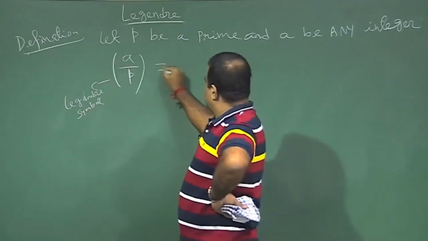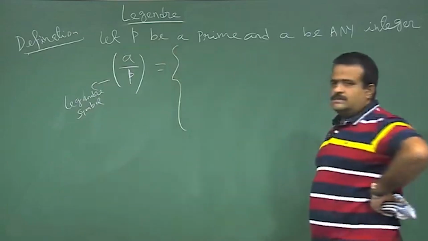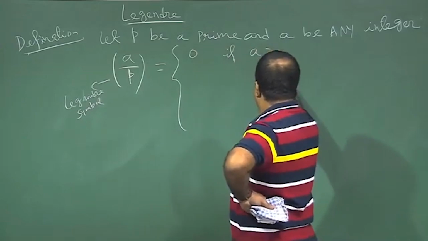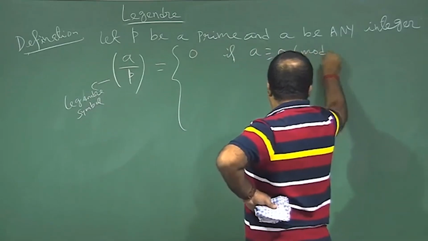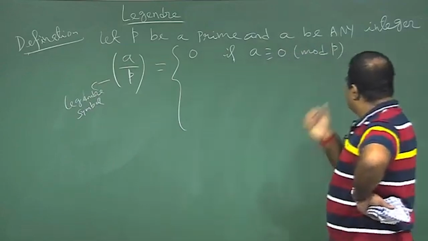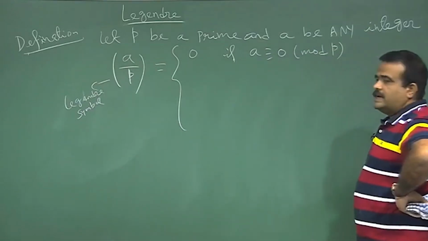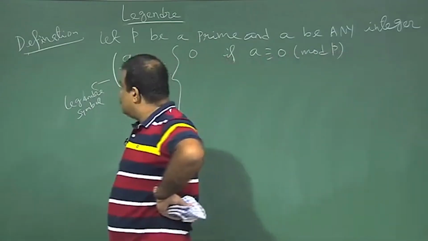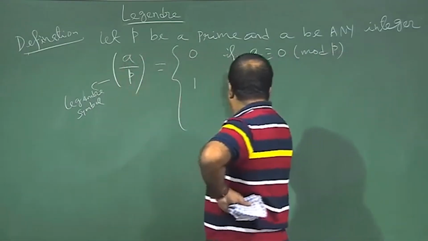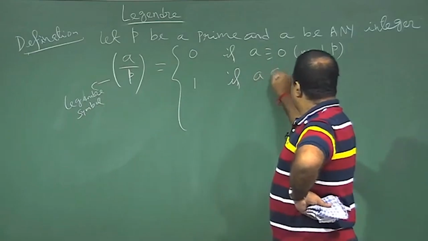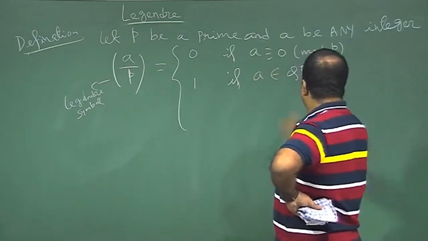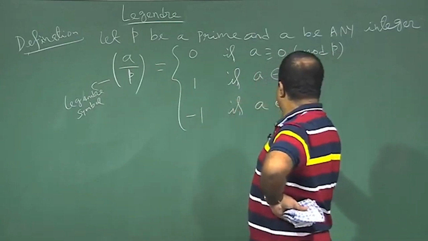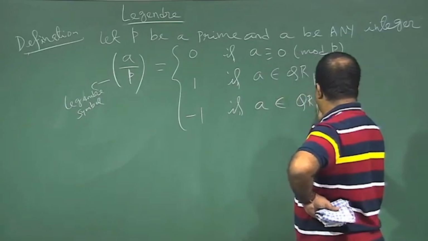So this basically has three possible values. It is 0 if p divides a, and it is 1 if a is a quadratic residue mod p, and it is minus 1 if a is a quadratic non-residue mod p.